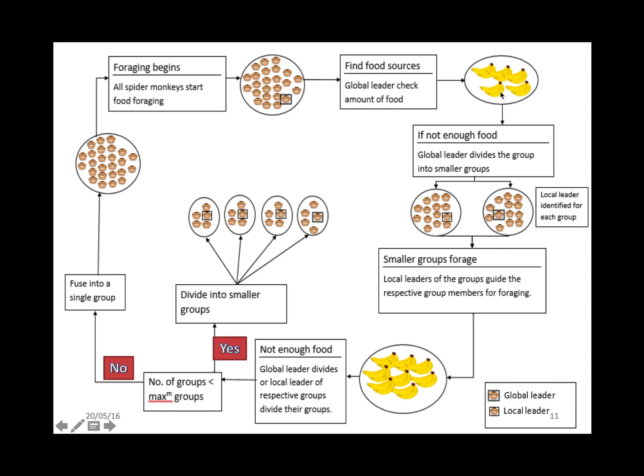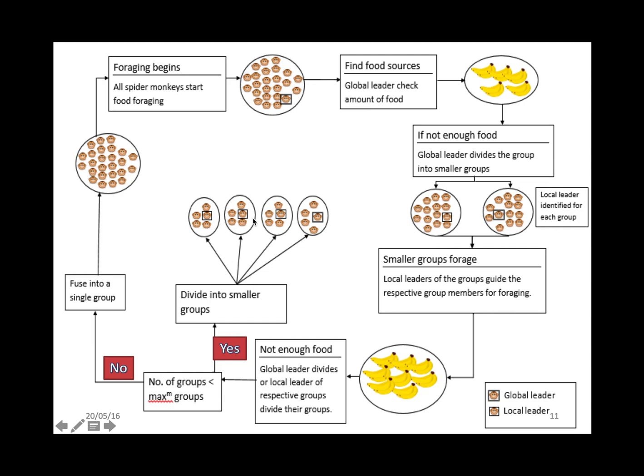So whenever they feel the scarcity of food, they divide themselves into smaller groups. In our algorithm, we define scarcity of food as the algorithm not improving the solutions, not giving better solutions. In that case, we divide the entire group into two smaller groups, which start searching in different directions. If a smaller group again finds scarcity of food, it will again divide into smaller parts, and this process continues till evening.